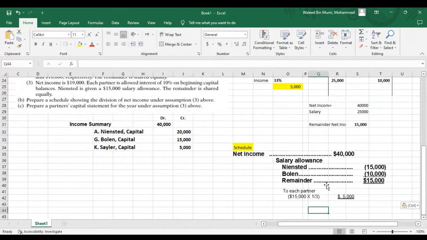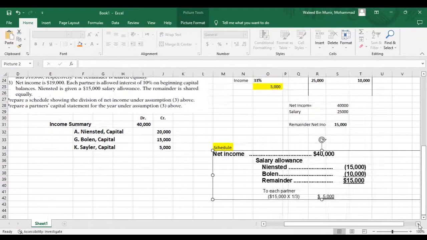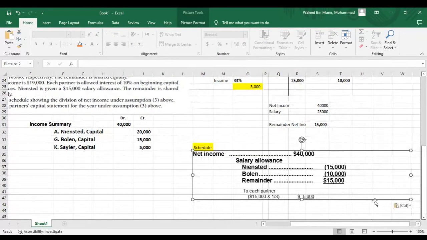Yes, you can see here, this is the schedule, right? Net income was 40,000. Okay, is it clear? It's the same thing. Salary 40, then they get this salary allowance, remaining 15,000, then 5,000 given to each partner.